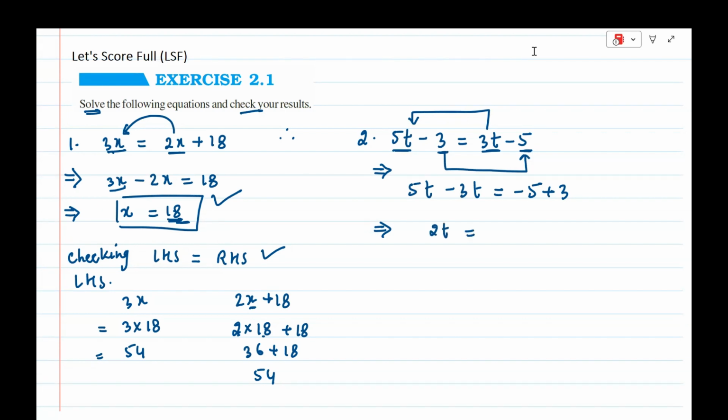Minus 5 plus 3 is minus 2. Next, 2t is equal to minus 2. As this 2 is in multiplication, going to the other side it will become division. Next, t is 2 ones are, 2 ones are, which is minus 1 upon 1, and it is nothing but minus 1.